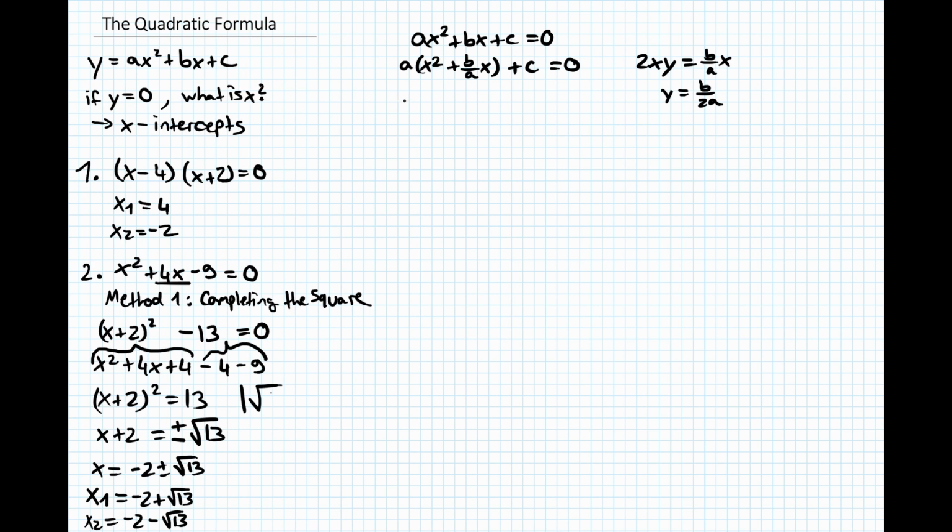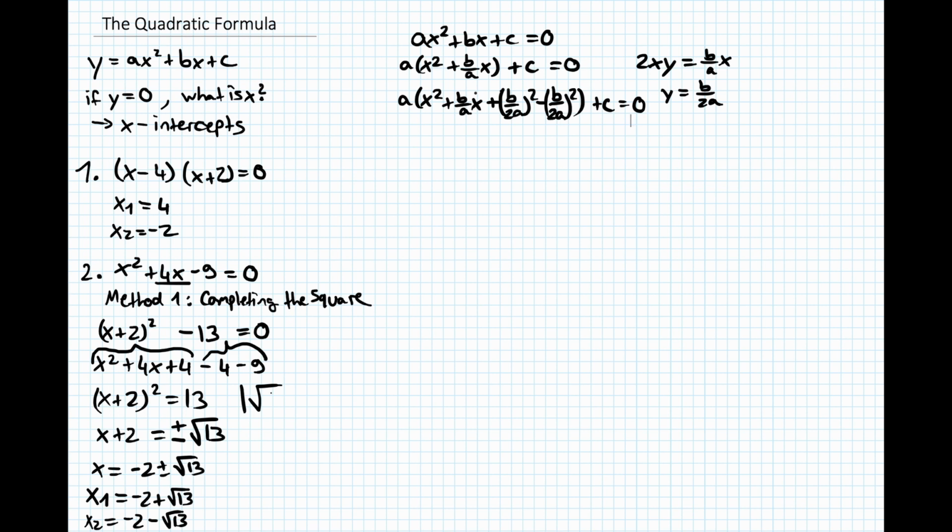That means we have x squared plus b over a times x. And here comes our y squared now, plus b over 2a all squared. Now, of course, we have to subtract this again in order not to change our expression. And at the end, plus c is equal to 0.